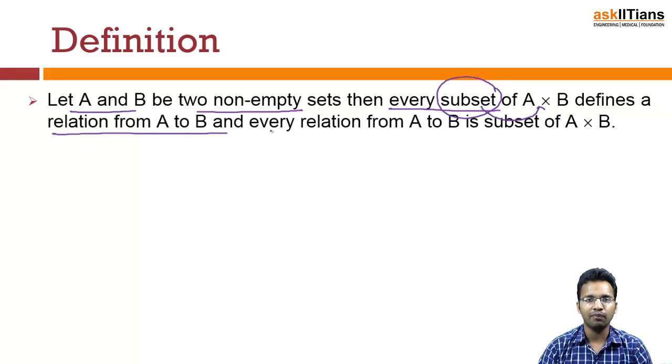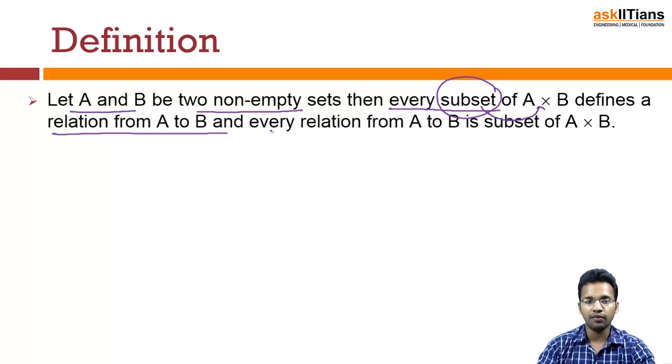A perfect example of this is to consider yourself. In a family you are related to your mother as son, to your sister as brother, to your brother as brother, if you are a male child. If you are a female child, then you will be related to your mother as daughter, to your siblings as sister, and to your grandparents as granddaughter or grandson. So for one person, if I change the definition, the relation becomes different.